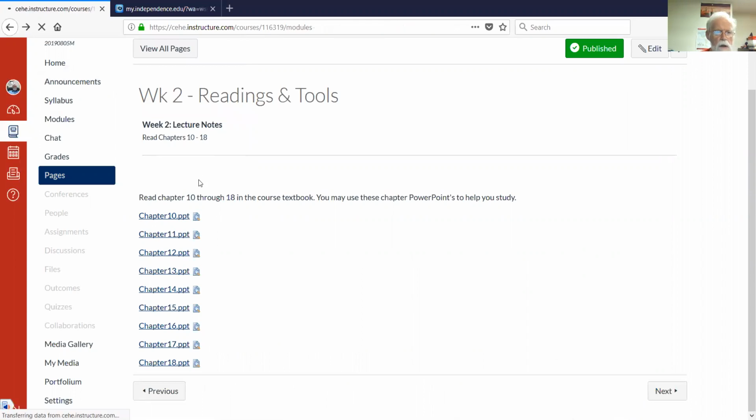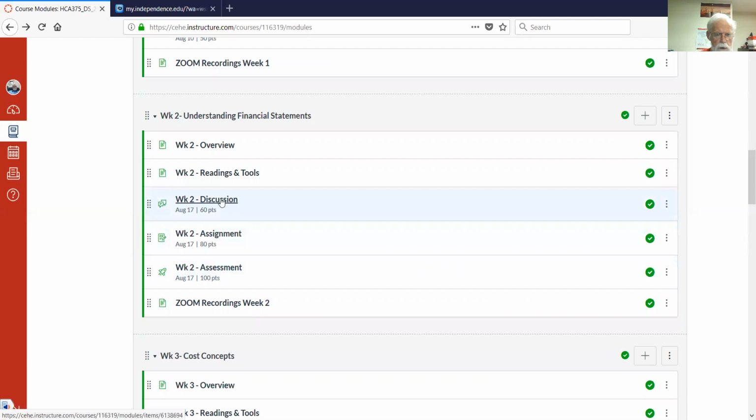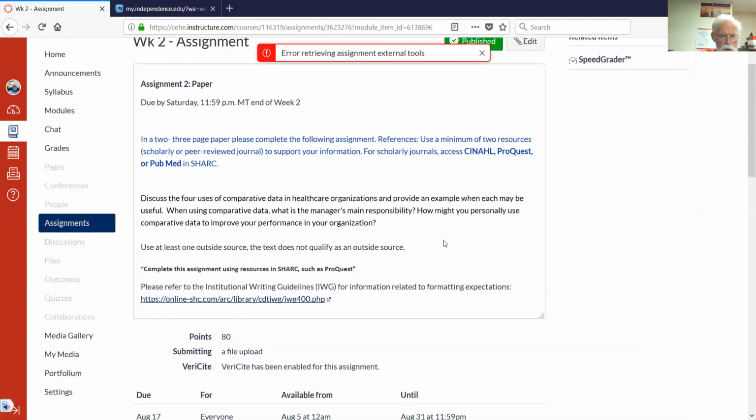Let's take a quick look at this week's discussion, which is about time value of money. I know you've discussed that in your accounting, so you shouldn't have a lot of issues there. This week's assignment is a little more complicated. You're looking at 4 uses of comparative data in healthcare and providing an example of when each may be useful.